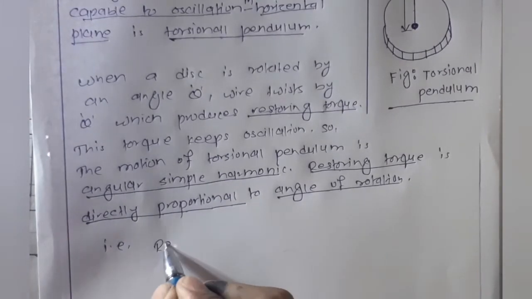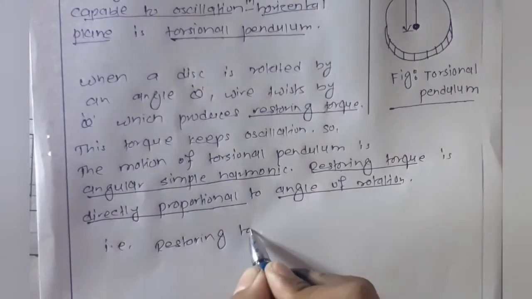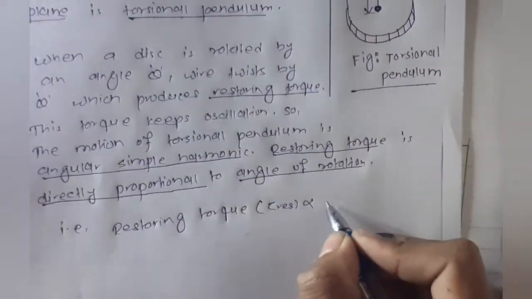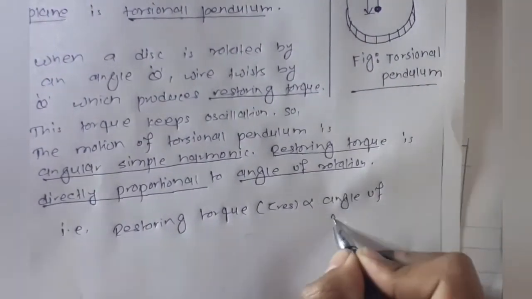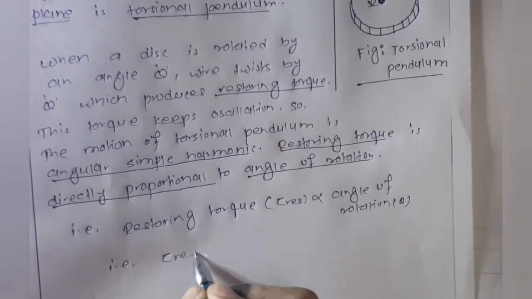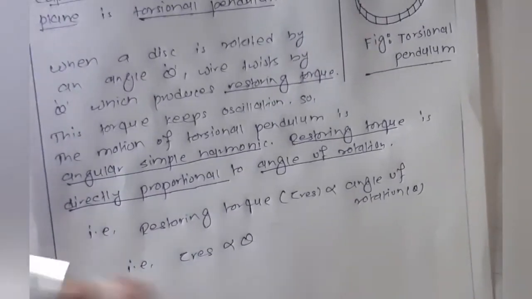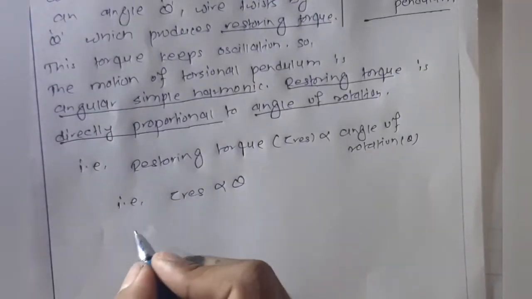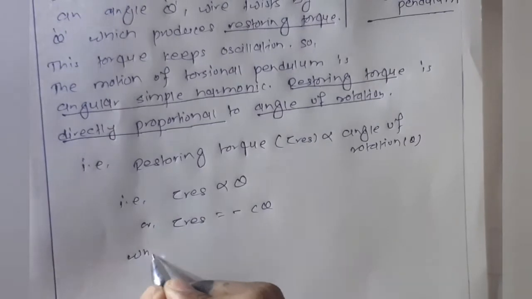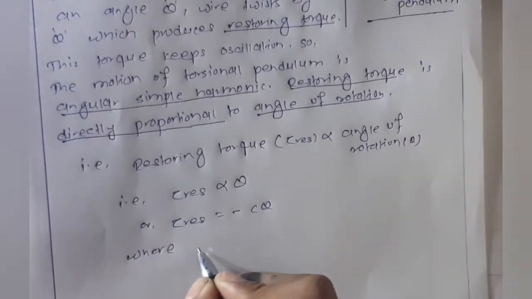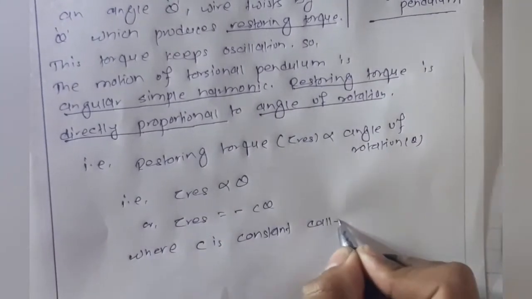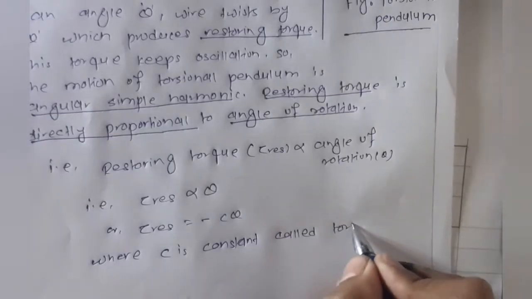That is, restoring torque tau res is directly proportional to theta, or restoring torque is equal to minus c theta, where c is a constant called the torsional constant.